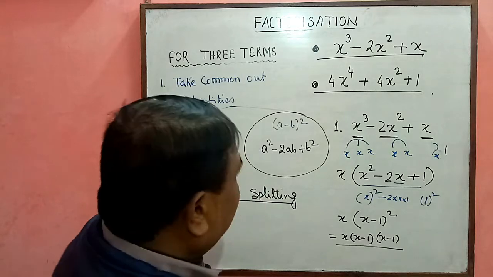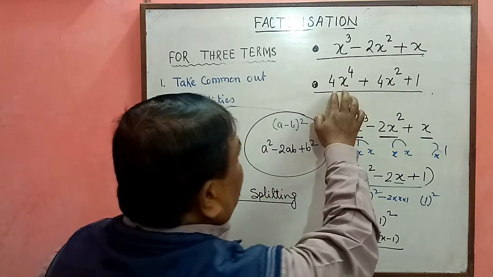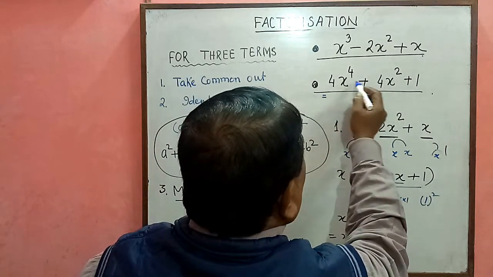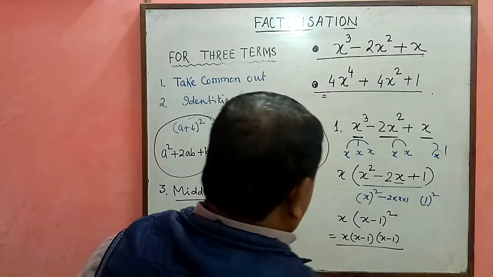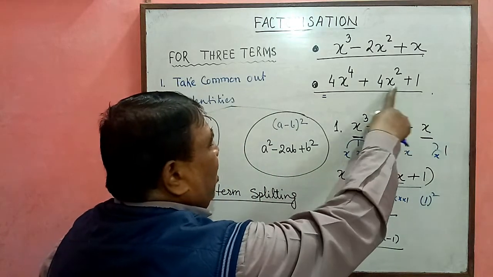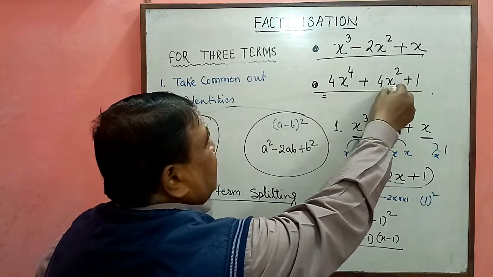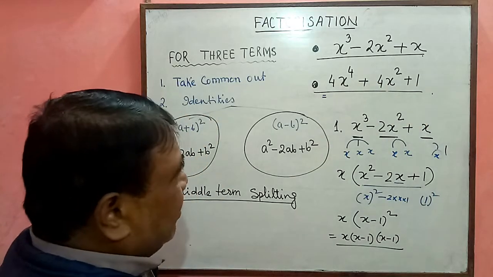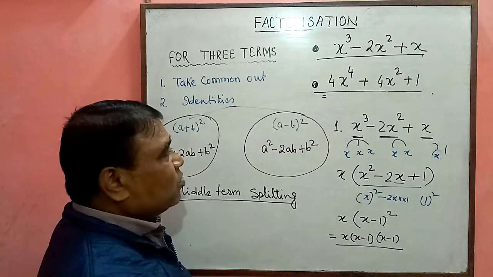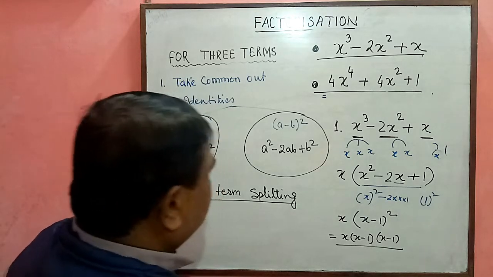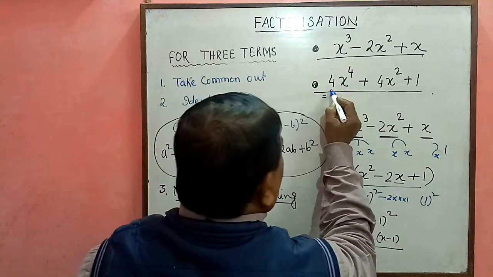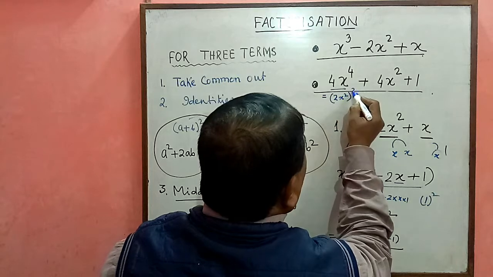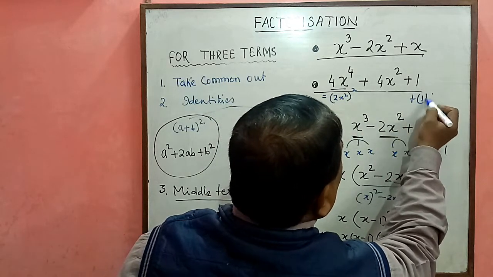Next is 4x to the power 4 plus 4x square plus 1. Here you see, there is no common factor among these three terms besides 1, and 1 is the multiplicative identity, so we do not bother about 1. This is a perfect square of 2x square, and this is again a perfect square.